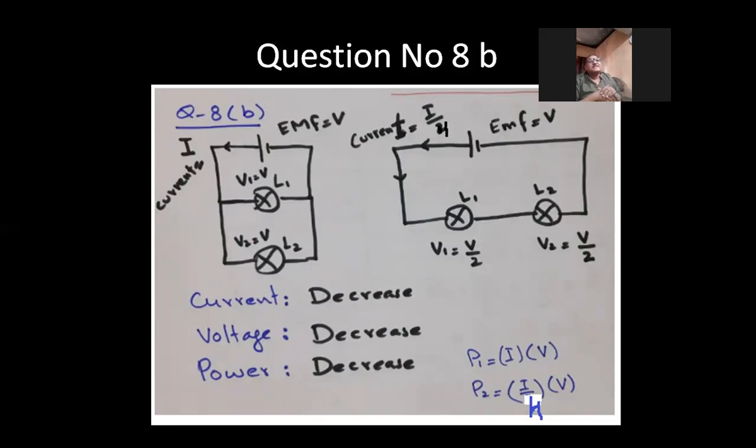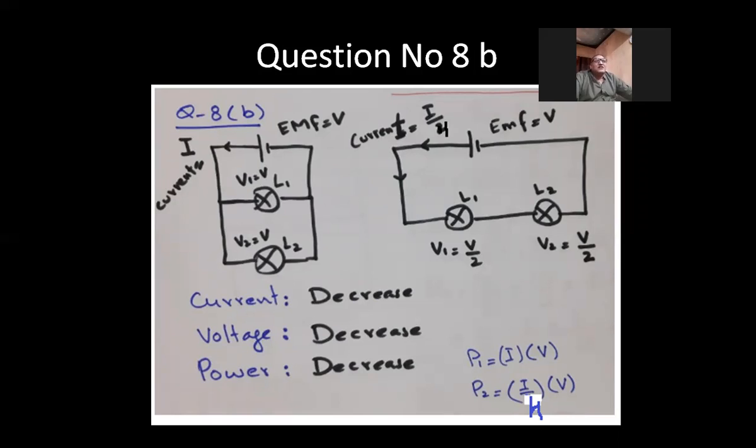Suppose both the filaments were identical, then their resistance will now become 2R. Here in parallel the resistance is R by 2. Here the total resistance, because you connected them in series, will become 2R. So the current coming from the battery will reduce.